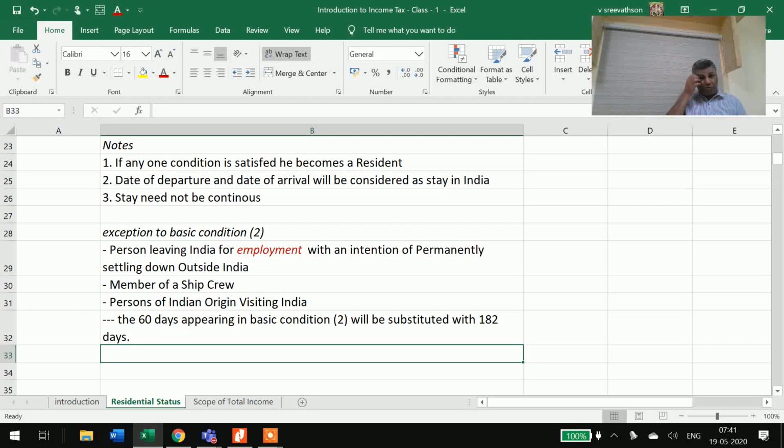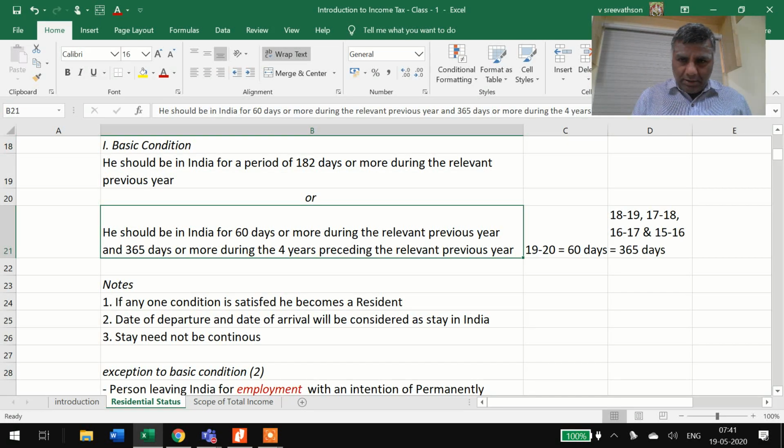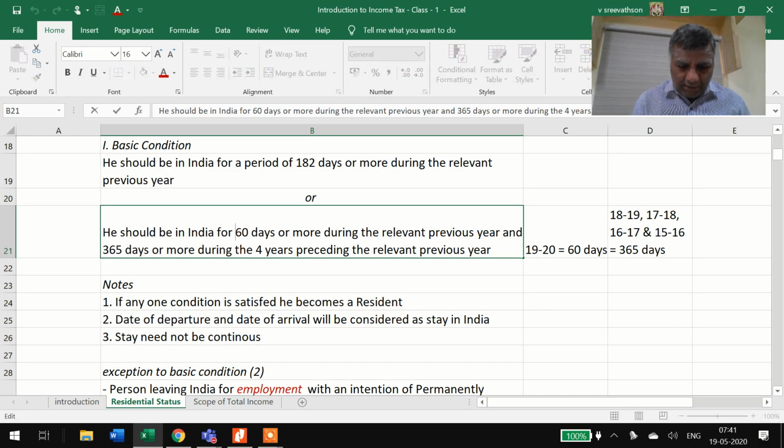For these three types of people, who are persons leaving India for employment with an intention of permanently settling outside India, members of a ship crew, and persons of Indian origin visiting India, the 60 days appearing in basic condition 2 will be substituted with 182 days.